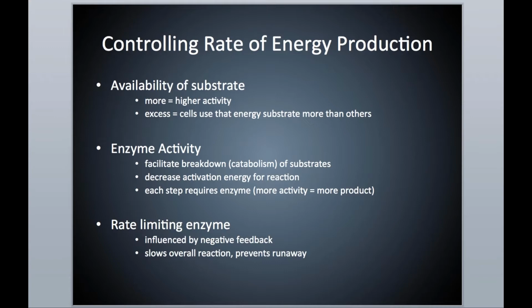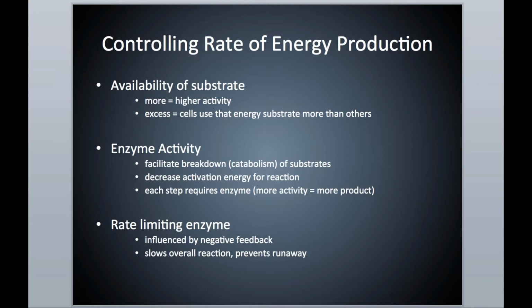Now, also the enzyme activity. Again, an enzyme really is just a product that helps decrease the activation energy that is necessary for a reaction to occur. So if the enzymes weren't there, you would need a lot more energy to take one form of a compound and turn it into something else throughout a chemical reaction. So the enzymes are very important in this. In fact, we have rate limiting enzymes during these processes that really facilitate how the reactions are regulated.